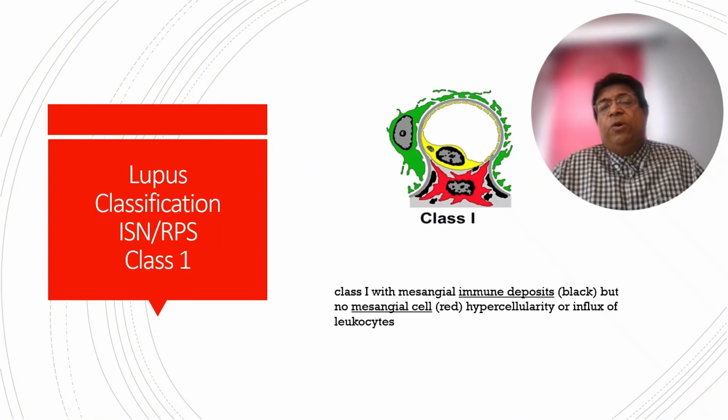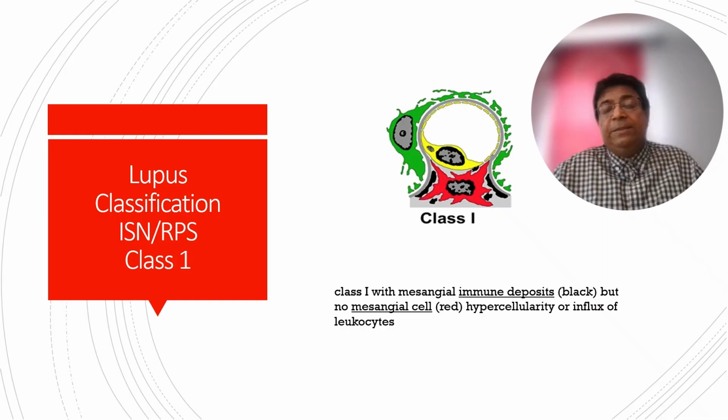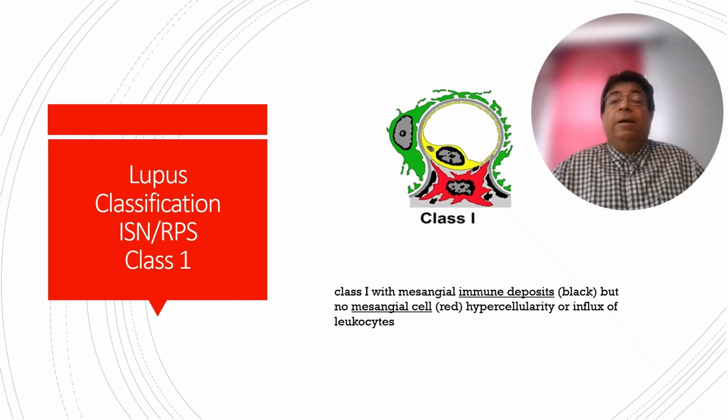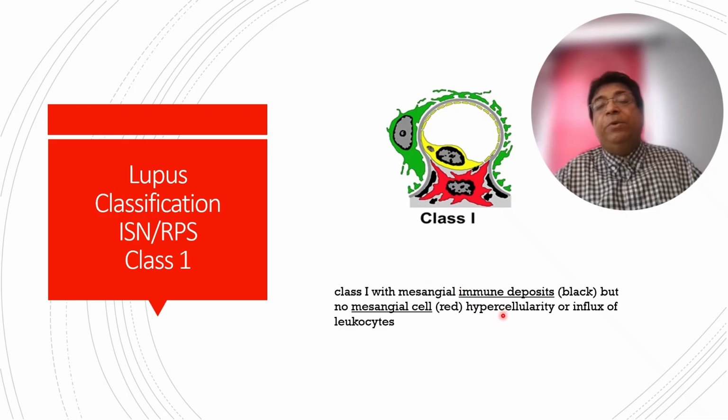So let's talk about kidney biopsy. How do you diagnose lupus nephritis? This is light microscopy, and so we'll go through all of the 6 classes. This is class 1, in which all you see is mesangial immune deposits, and those deposits are black.